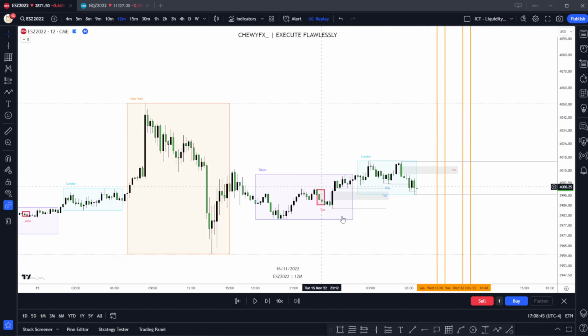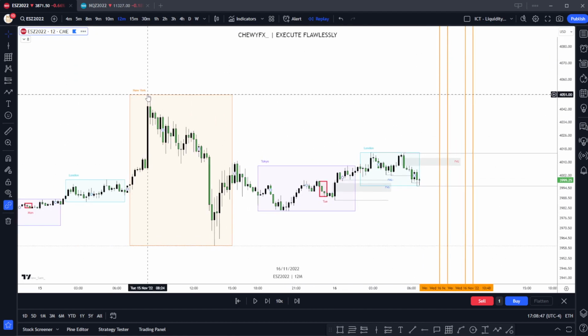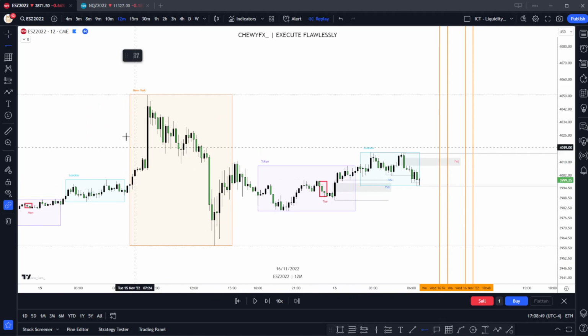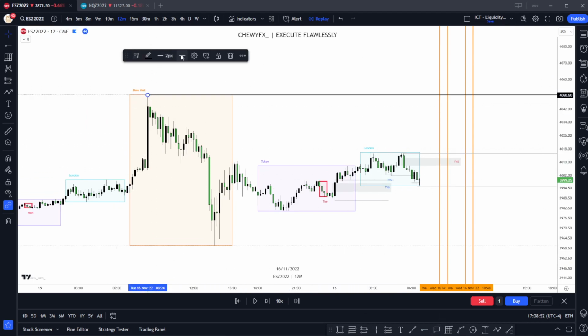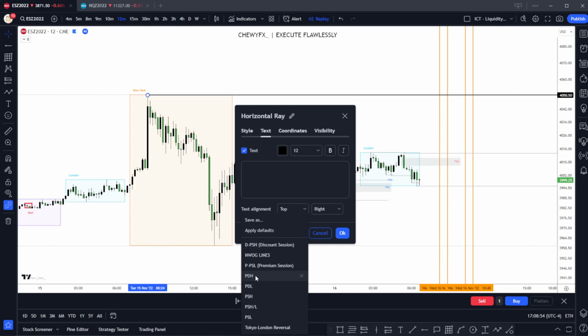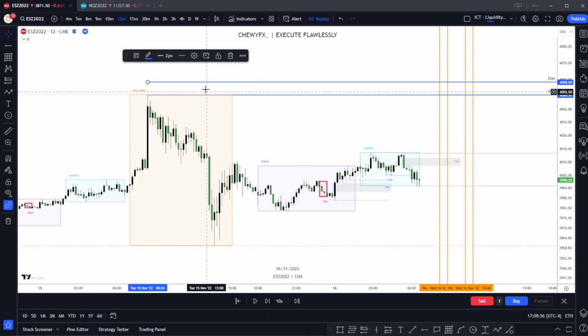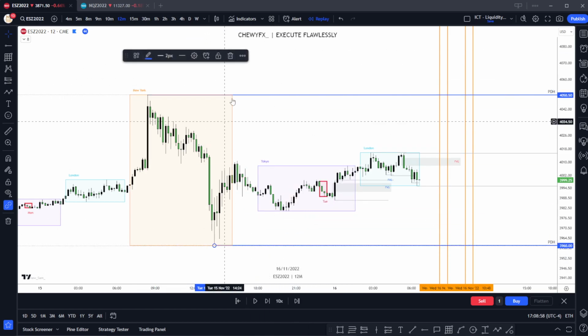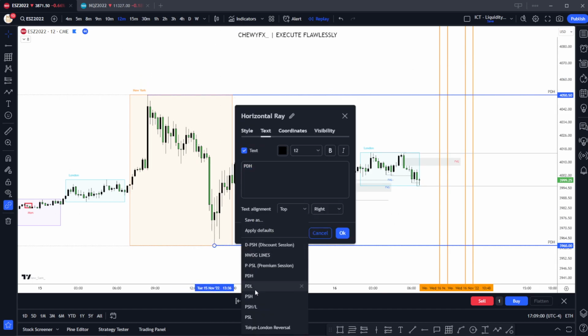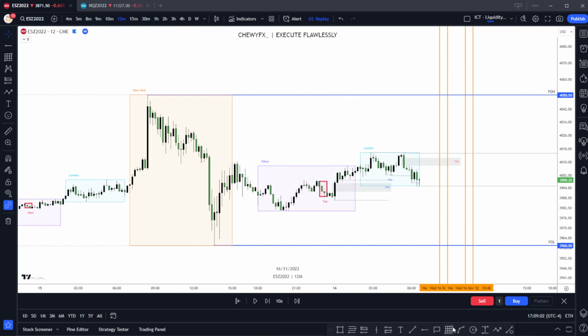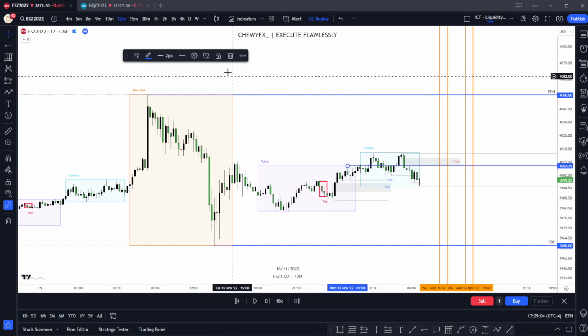Okay. Next, where is our daily liquidity? We have previous day high here. And then our previous day low there. Perfect. Now our session liquidity.